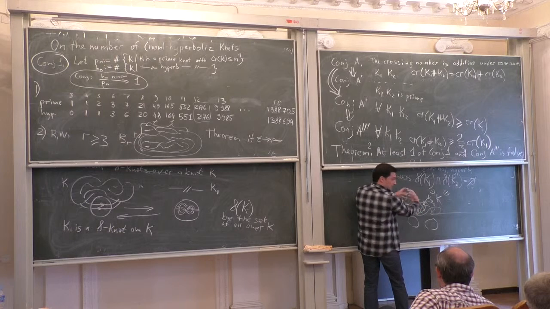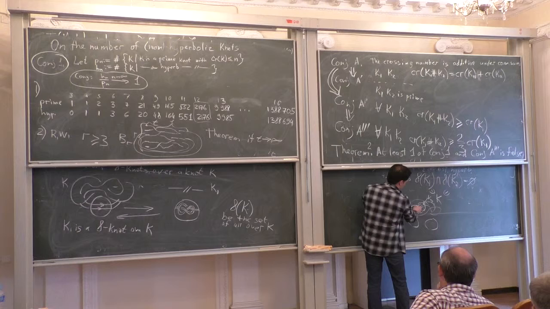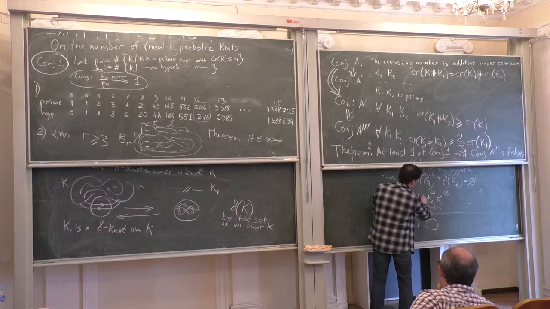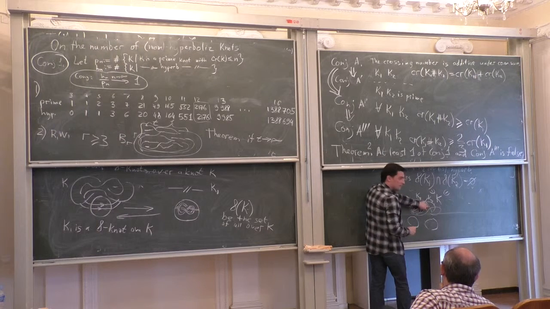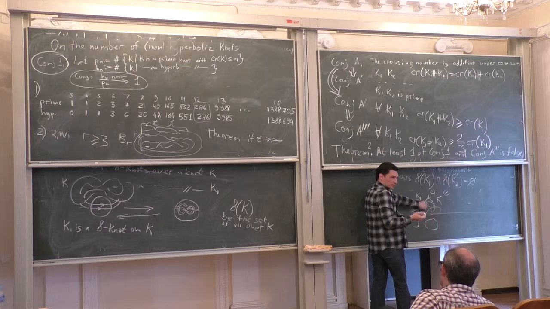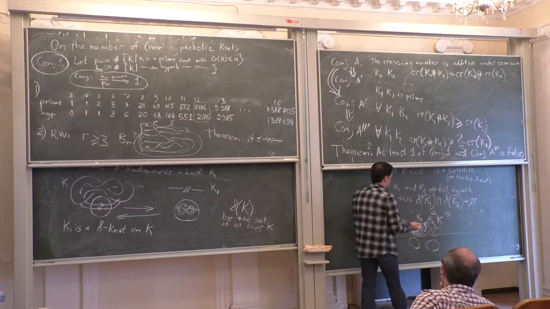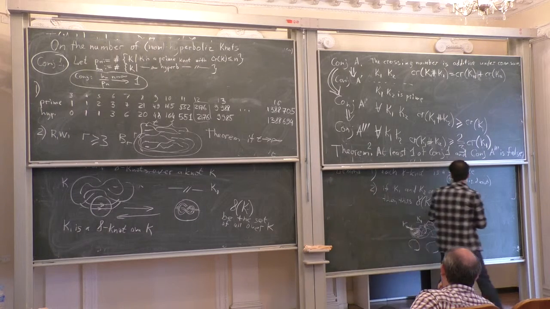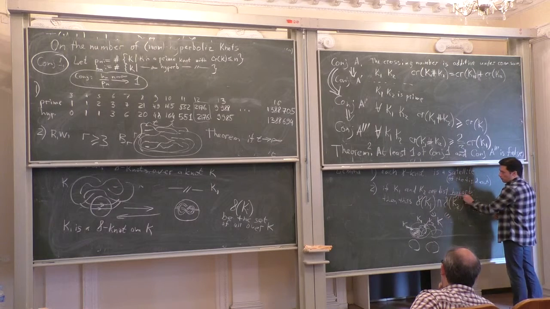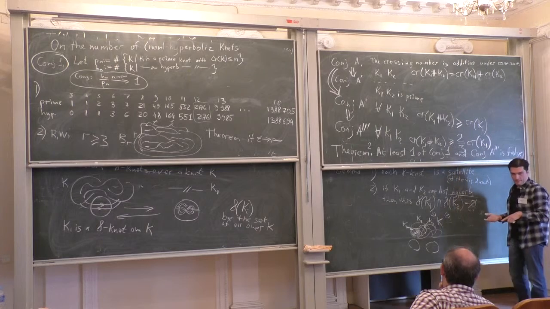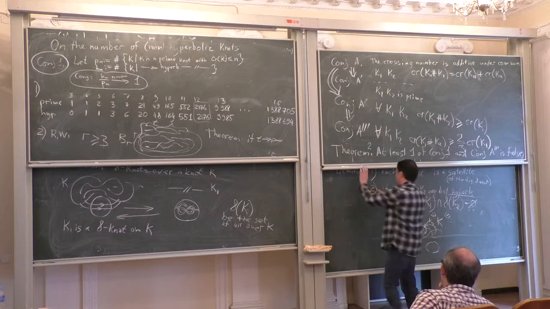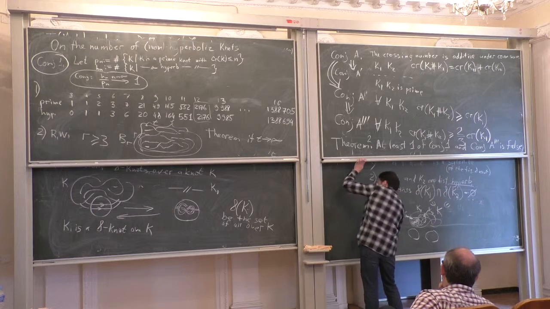So I untangle this figure 8 knot tangle part and obtain the K1, and in this K1 I see an incompressible torus. This is impossible because of the assumption that both these knots are hyperbolic. So we have two.